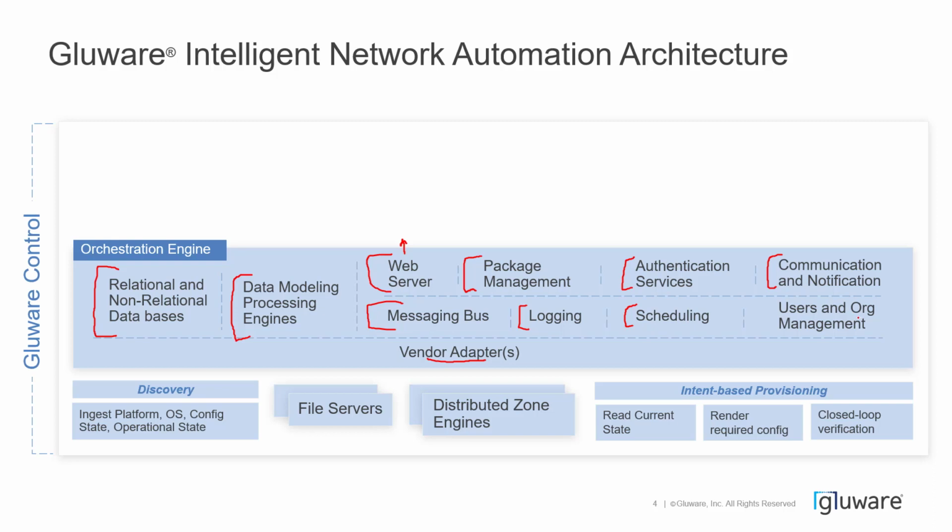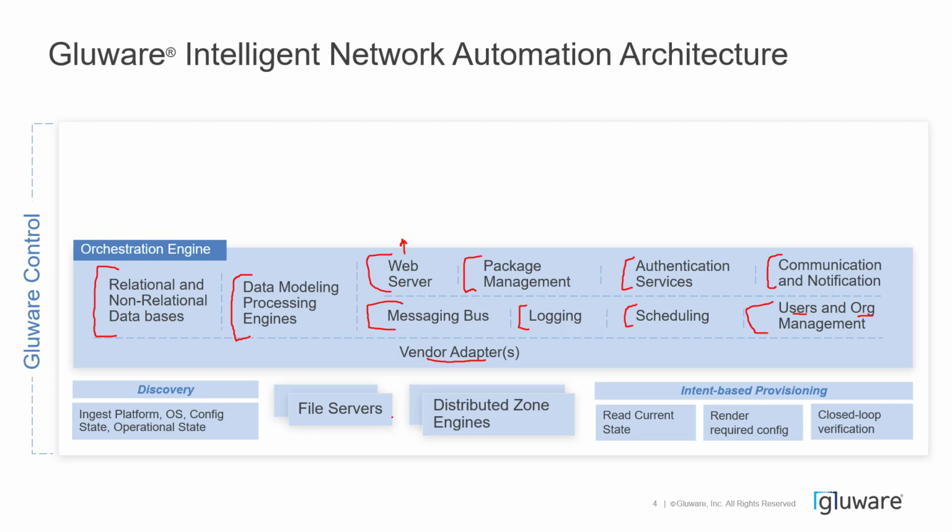We call tenants organizations, and it's a multi-user architecture with full role-based access control. So you are able to control your users and what they're able to do with Gluware as a platform, and you're able to define organizations so you can logically divide, let's say, your data center devices or your WAN devices or campus devices and so on and so forth.